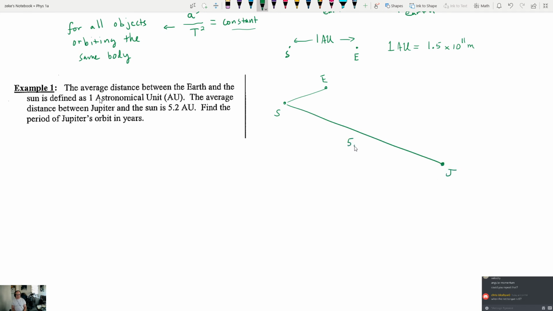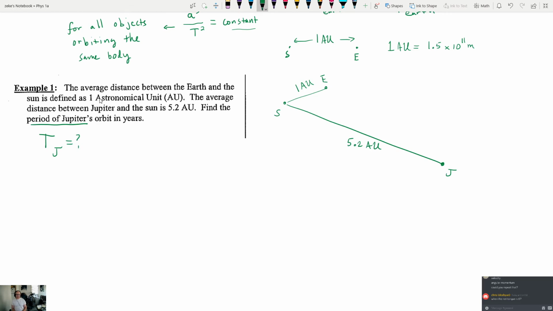This distance is 5.2 AU, and this distance between the Sun and the Earth is 1 AU. We're going to use these as our semi-major axes, and we are going to calculate the period of Jupiter's orbit around the Sun.